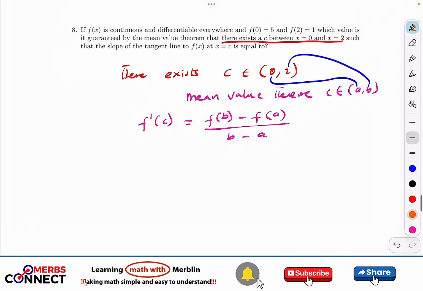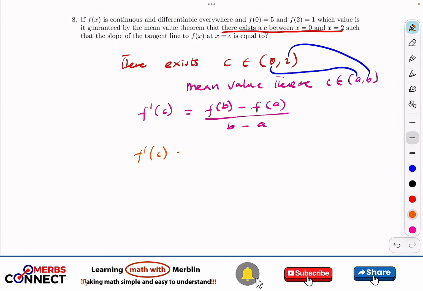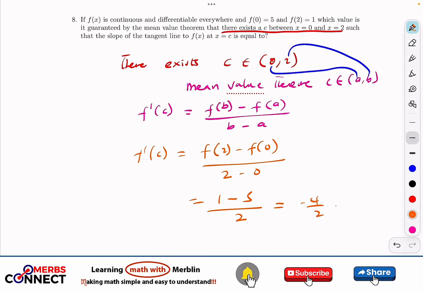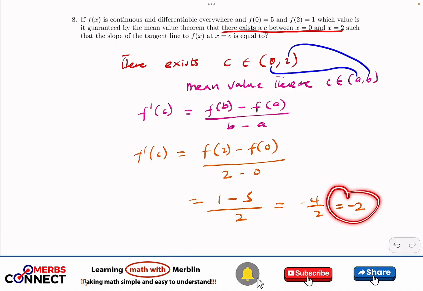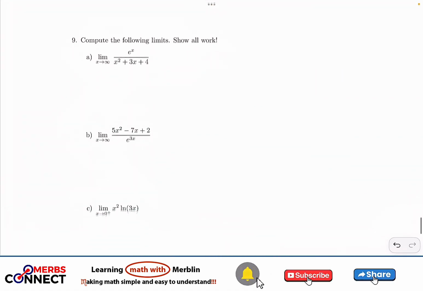So it means that f prime of c will be equal to f of 2 minus f of 0 divided by 2 minus 0. f of 2 is 1, f of 0 is 5, divided by 2. This is minus 4 over 2, and this is going to give us minus 2. So this is very simple here. So the slope of the tangent is minus 2 using the mean value theorem.